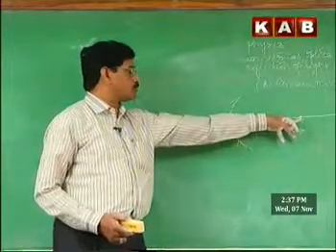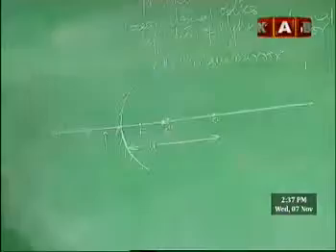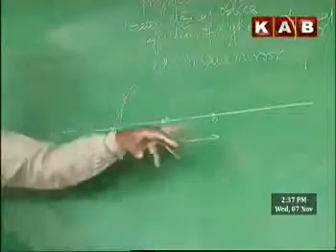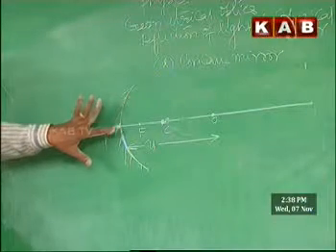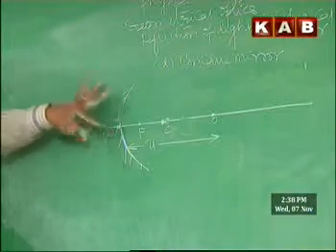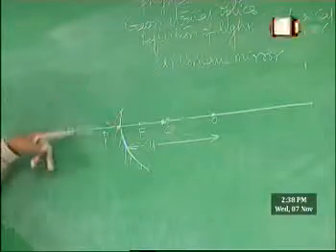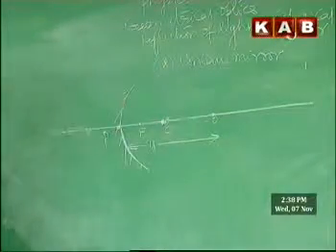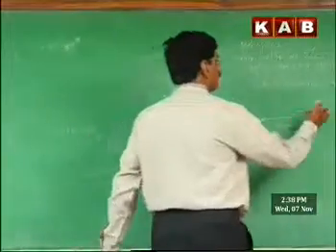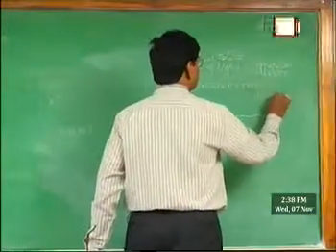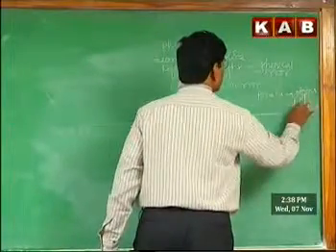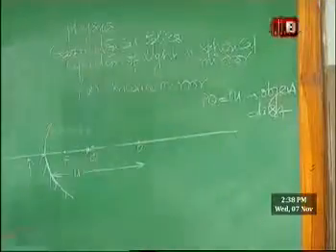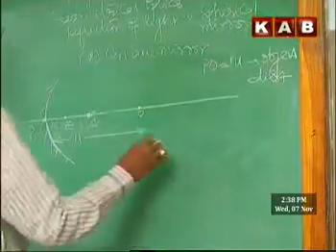Whether it is the object, image, pole, center of curvature or focus, all distances are measured from the pole of the mirror only. The reference point is the pole of the mirror, and distances are measured along the principal axis. Therefore PO is the object distance, u.